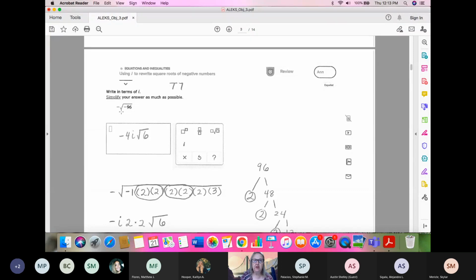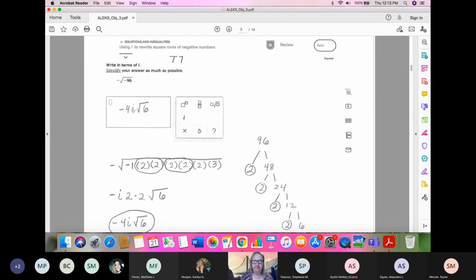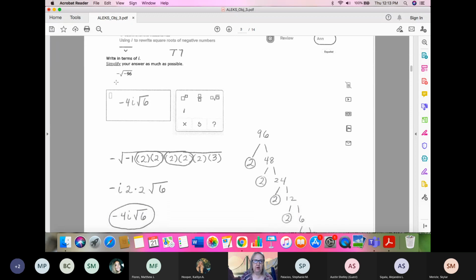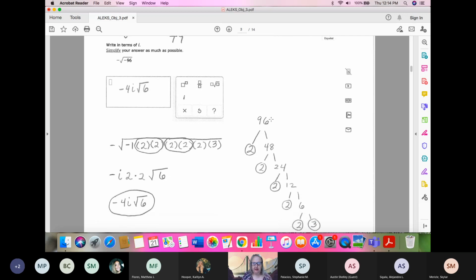Negative outside, square root of -96 inside. So let's copy down that negative sign out front. Put a big square root sign because we're going to make a factor tree. First of all, inside, let's replace this negative with a -1. And then let's take this 96 and make a factor tree out of it.